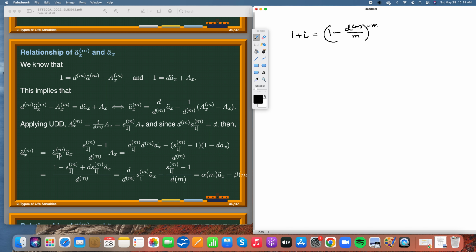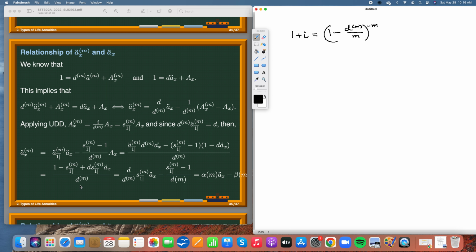And then we just have to combine these two fractions, the LCD is d to the upper m, to get that. And then we know that this ax from here is 1 minus d ax double dots. Right? And then just perform the operations and collect like terms.